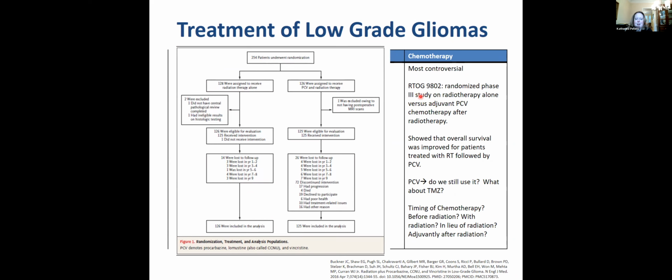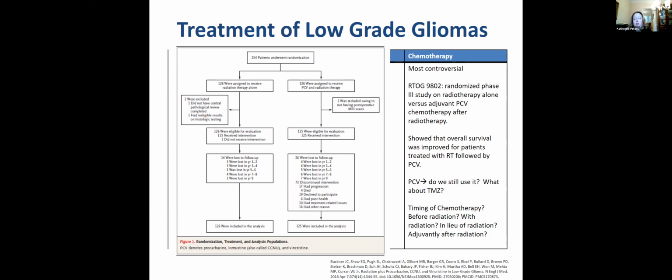So in a classic study called RTOG 9802, it was a randomized phase 3 study where they looked at radiation therapy with a combination of chemotherapy called PCV after radiotherapy. And it did show that there was overall improvement of survival with the combination group.